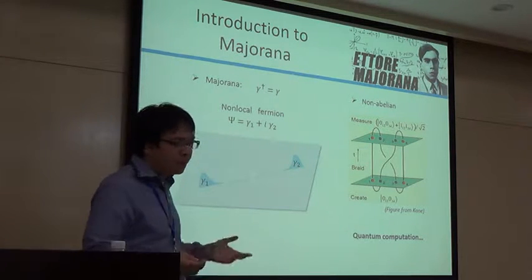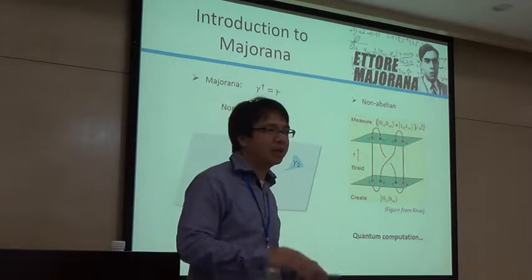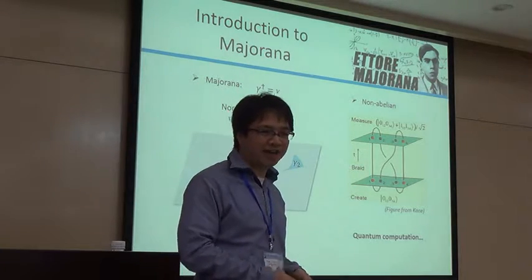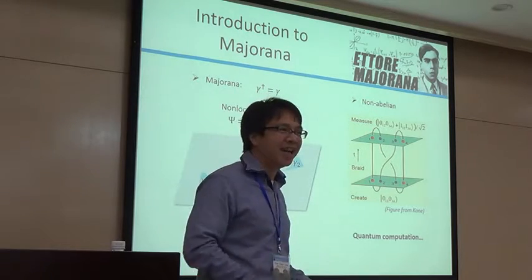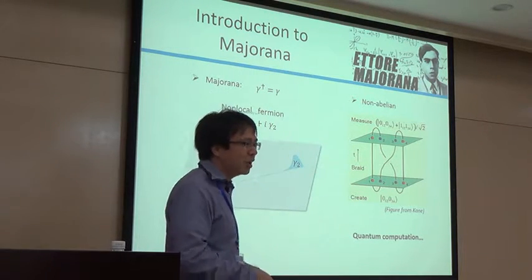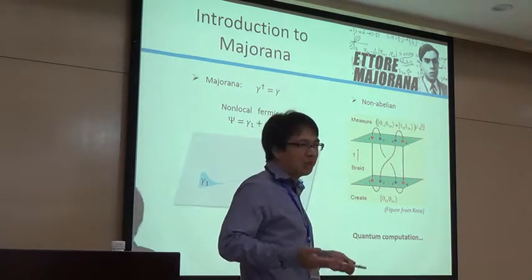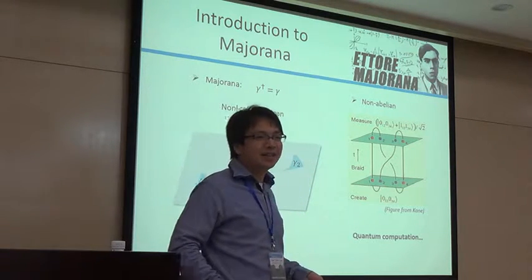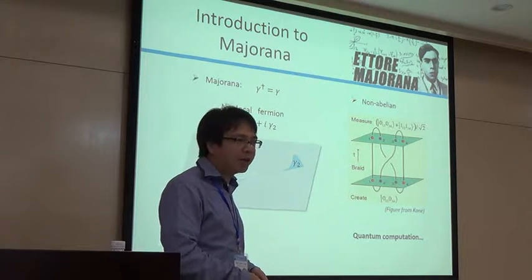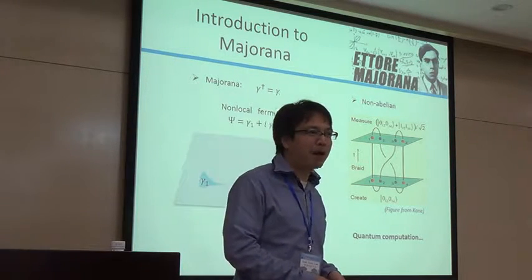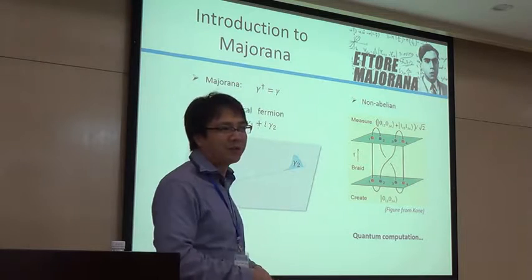A lot of us in the audience are doing high energy physics. This morning we had the Higgs boson, which is the most important issue people are studying right now. In condensed matter, we are also searching for a new type of particle, and that is the Majorana fermion.